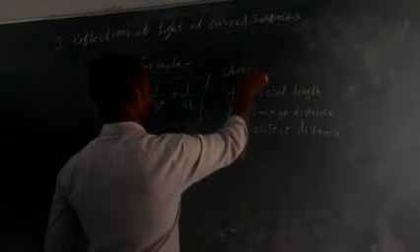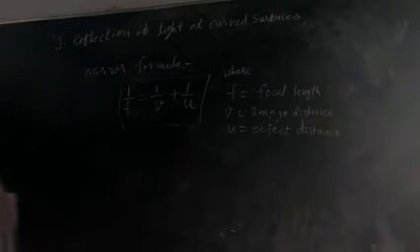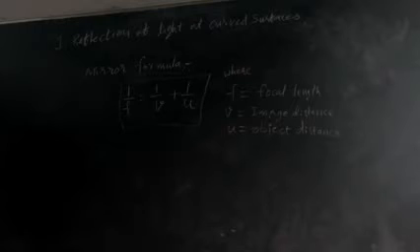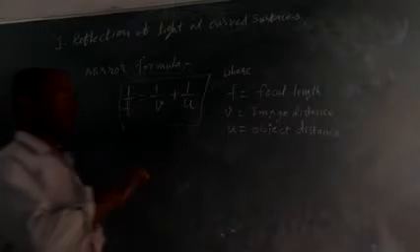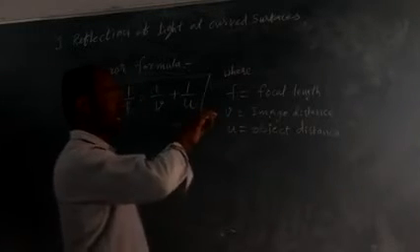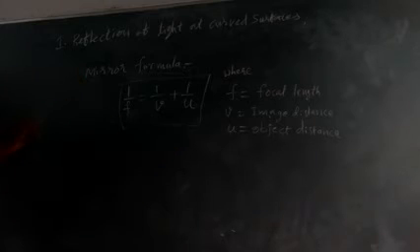Where f is focal length, v means image distance, u means object distance. Yesterday I said focal point, but f here is focal length.